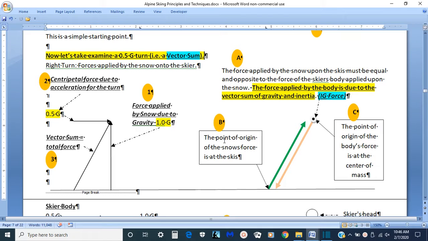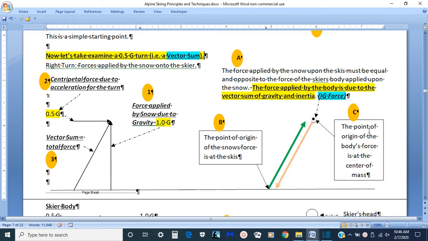All right, now the point of origin of the force of the snow is applied at the skis, right? But for your body, the combined force of inertia and gravity, this is your inertia. This is a force created by inertia, and this is gravity. This is the vector sum here, all right?